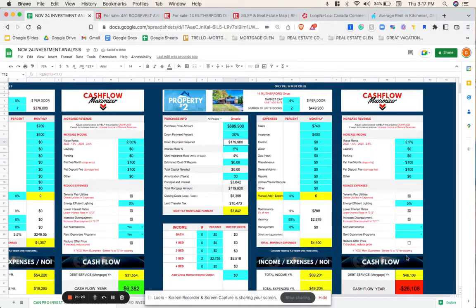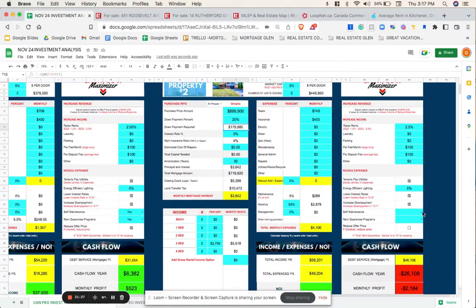So 179 down. How about self-maintenance? Okay, 5% self-maintenance. Okay, so this is where you're going to make the money. Okay, guys, on the rent guarantee programs. So self-maintenance. Yes, we're getting self-maintenance. Only 2 units, right? Yes, it reduces the expenses off of this. Now what we're going to do is a rent guarantee.